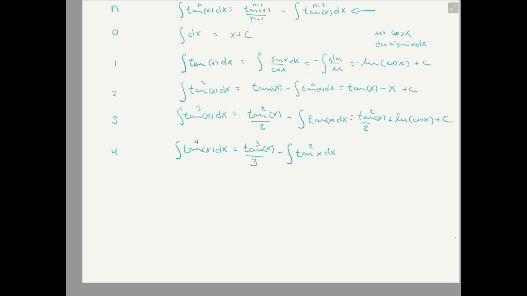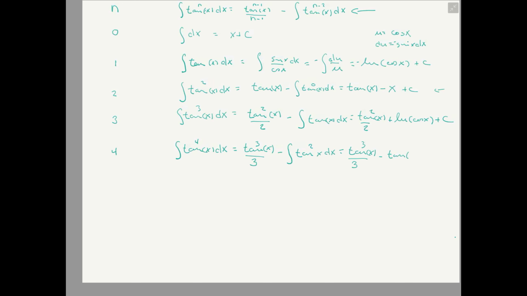Tangent to the fourth x dx is equal to tangent to the third x on 3 minus tangent squared of x dx.